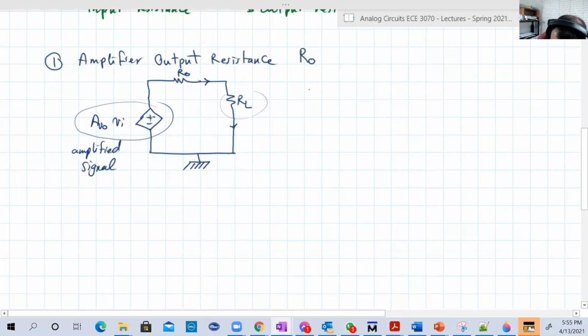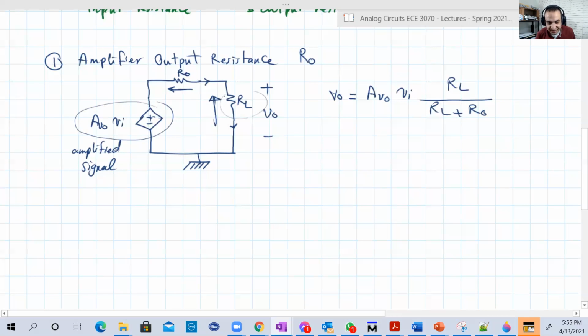So by voltage divider, VO equals AVO times the input, times R load over R load plus RO. So some voltage will go to RO and some voltage will go to RL. It's a division. Now, to know which is better, a high or low output resistance, just look at this equation.